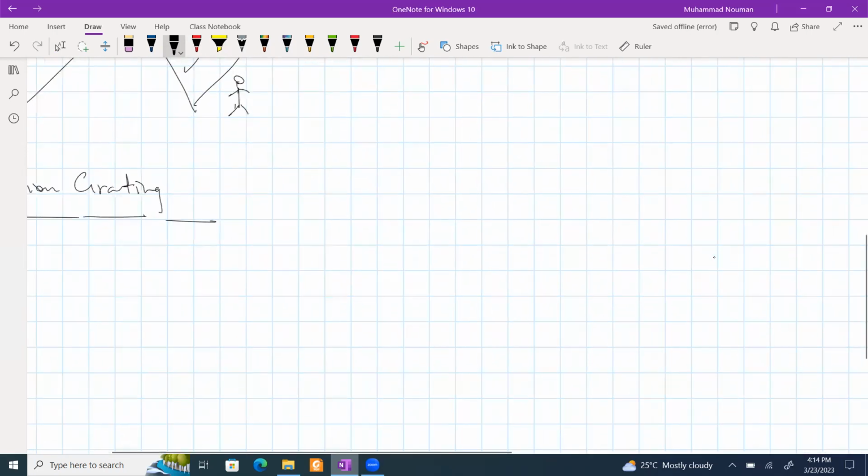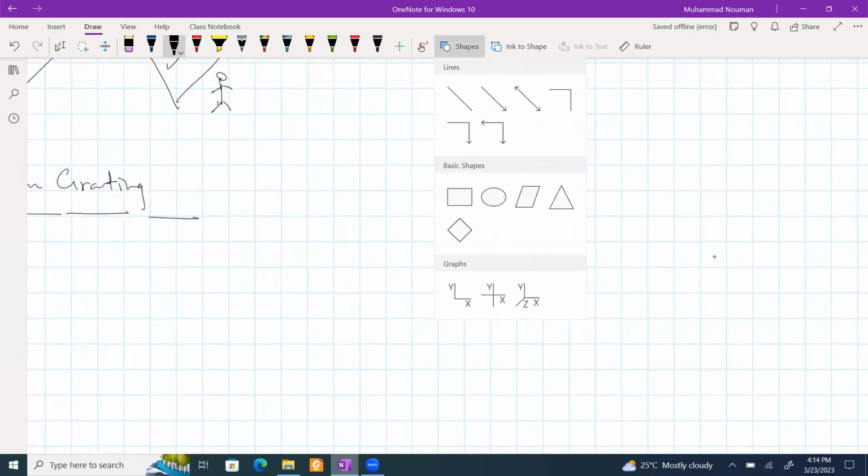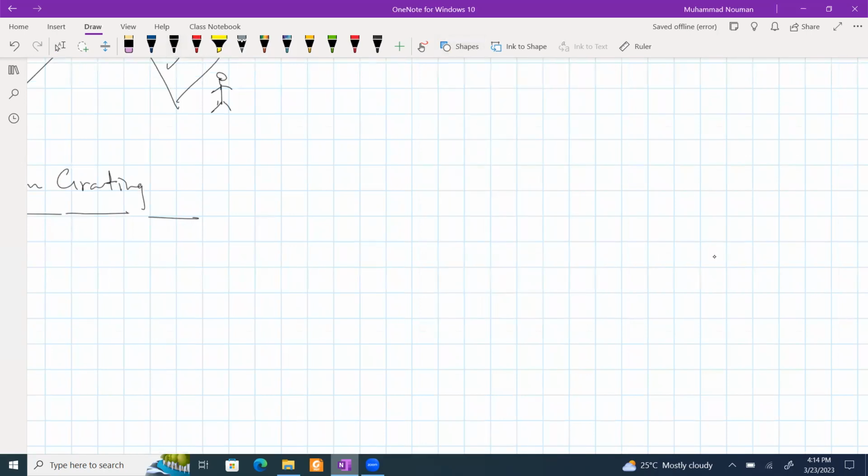There is a plain, transparent, thin glass sheet, and we take some very sharp object, like a knife or cutter, and make some lines like that.